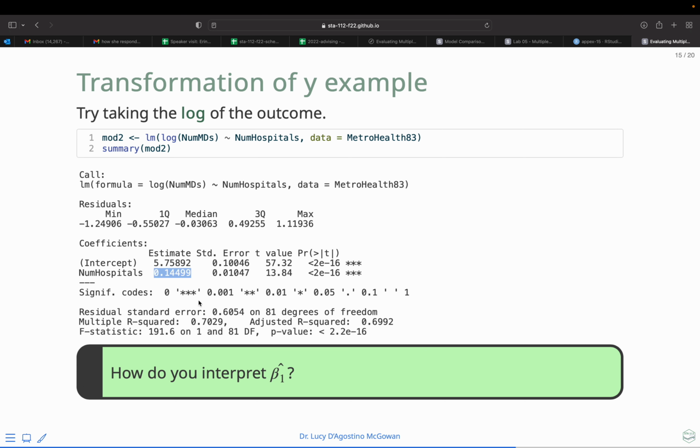How would you interpret this beta hat 1 in the context of this model where I took the log of my outcome?